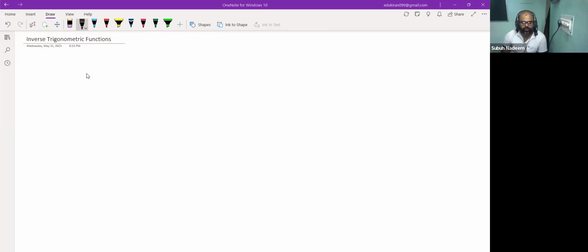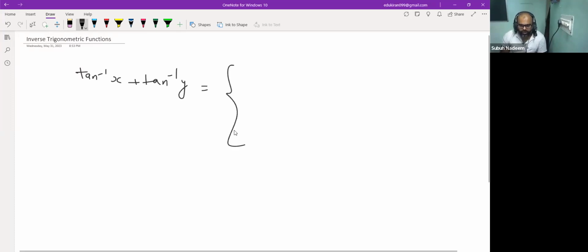So the first identity is that tan inverse x plus tan inverse of y is equal to. Now there are cases here. Okay, Shavaz is also joining.